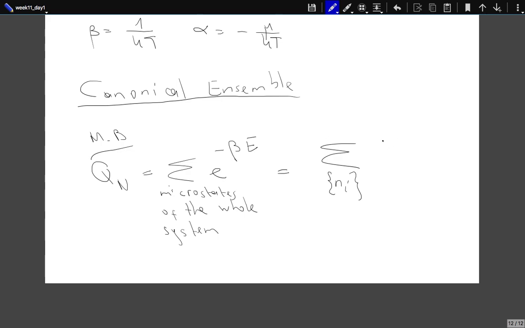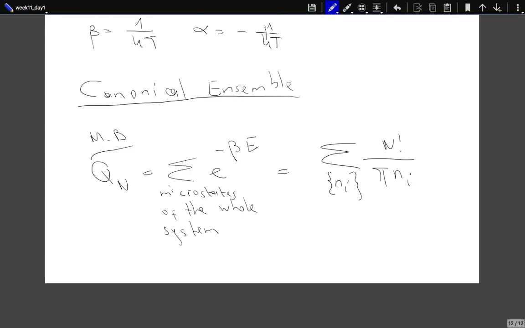So that will be basically n factorial. This is all possible orderings, but orderings within an ni, within the number of particles in exactly the same state, will not give me a new state. Divided by the product over all ni's.